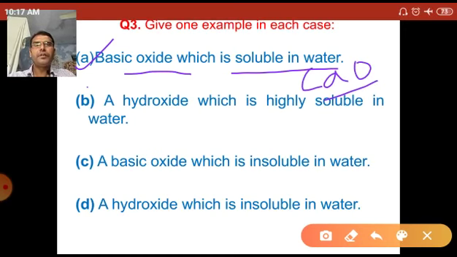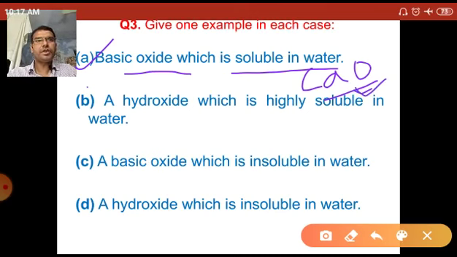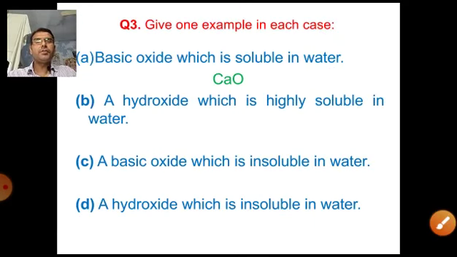Generally metal oxides are basic oxides, and the metal oxide calcium oxide is soluble in water, and a base which is soluble in water is called an alkali. So here the answer is calcium oxide.